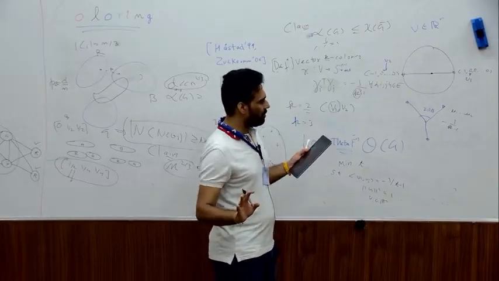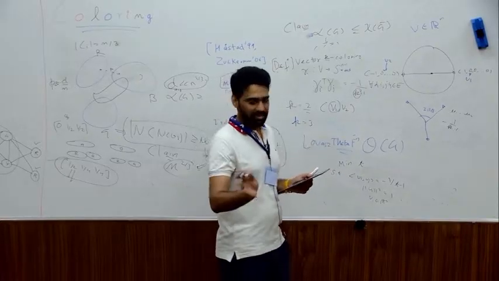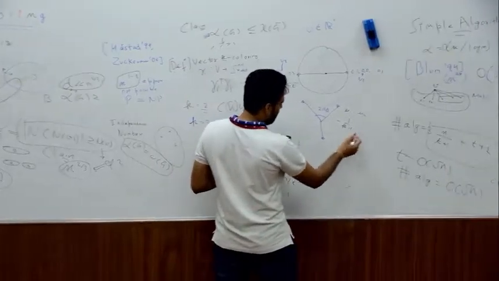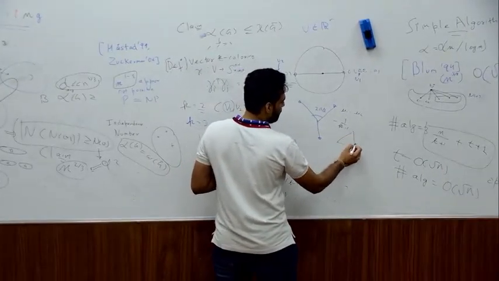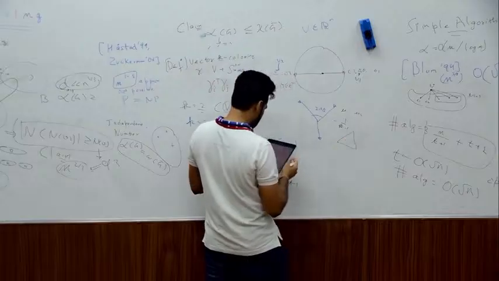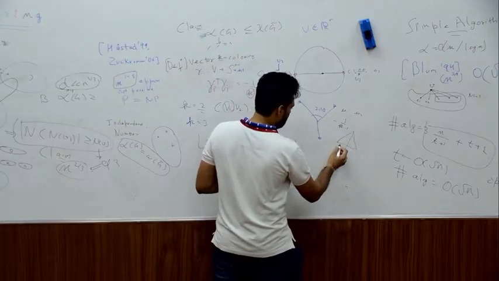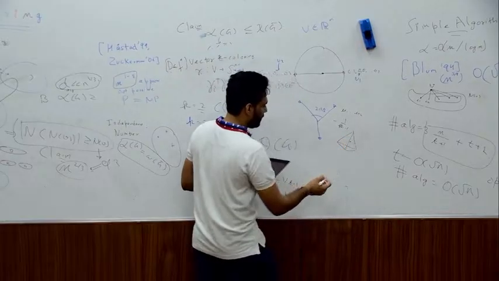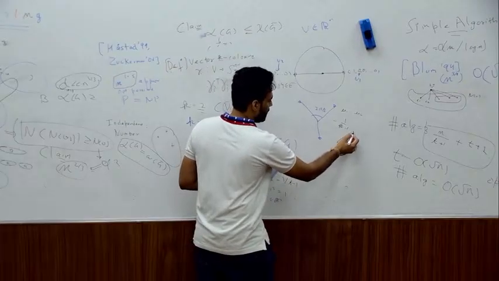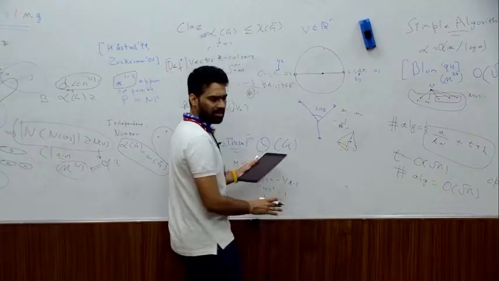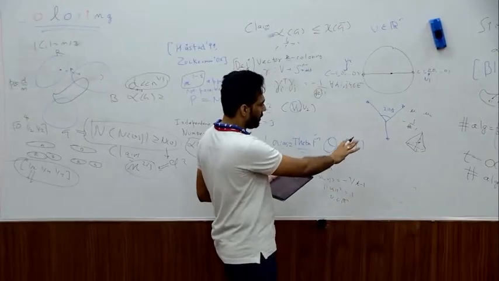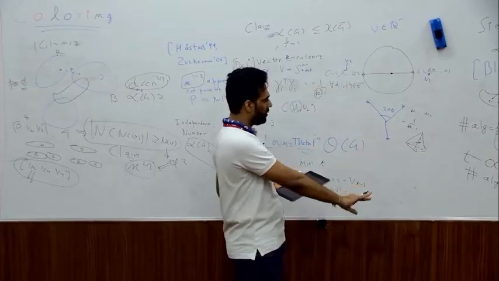Yes, you can do it using the simplex. If you take the center point, and these are the vertices of the simplex, there is a very nice linear algebraic equation which I'll skip writing.